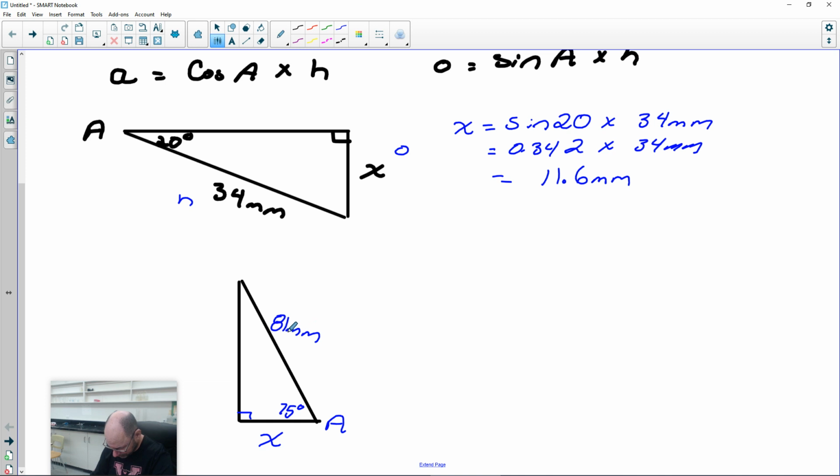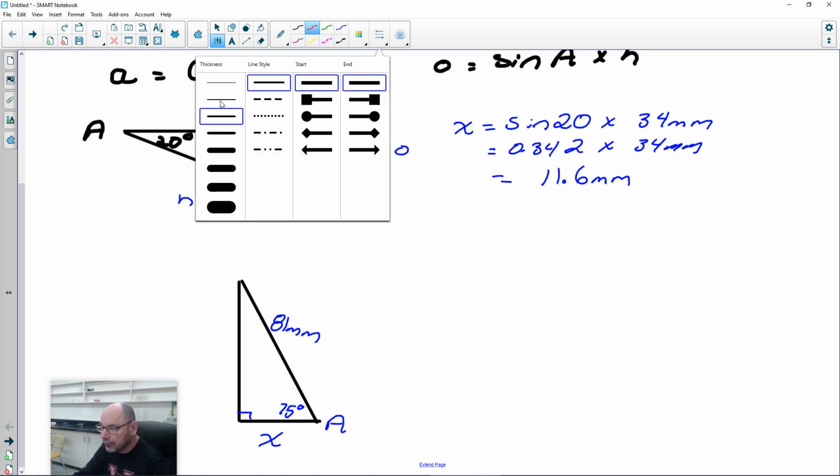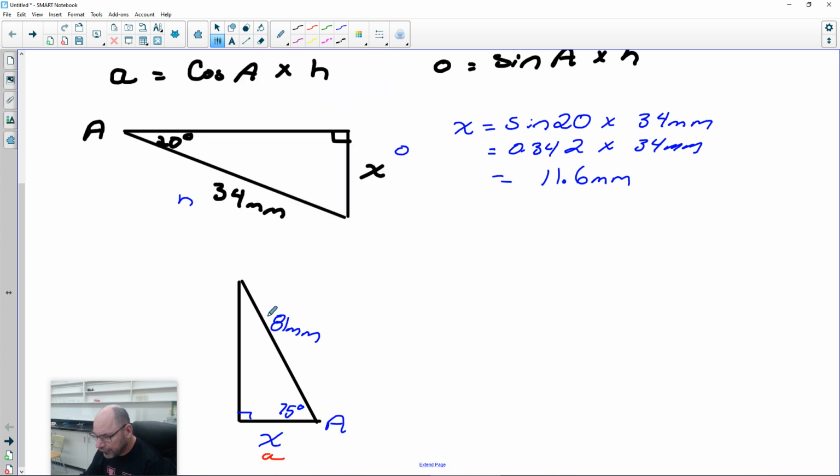In this case, which one? This has to be our adjacent side, and this has to be our hypotenuse side. Once we know that, we go up here and look: adjacent is this one here, so we've got to use this equation. X equals cosine, not sine, but cosine of 75 times 81.